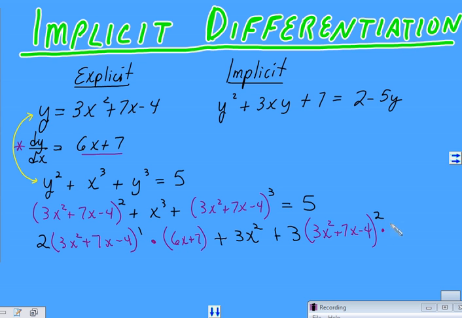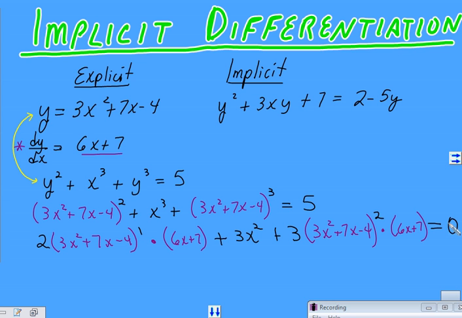So I'm going to have times another 6x plus 7, the derivative inside, and that will take care of that piece. Last, I need to do the derivative of what it's equal to, and the derivative of plain old 5 is 0. Okay, now once again, you are not going to have to do it this way. We're going to find an easier method in a minute, because we're going to now relate this back to our original functions we had written up here.